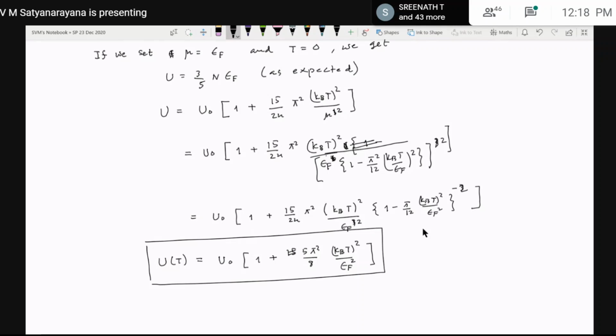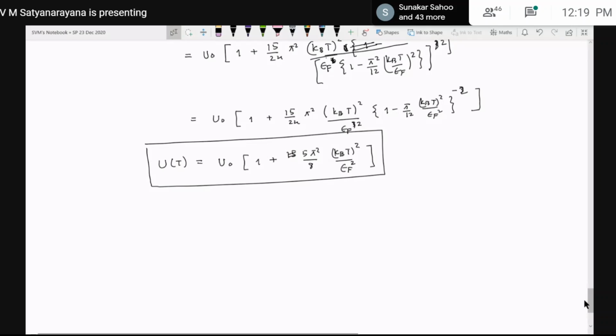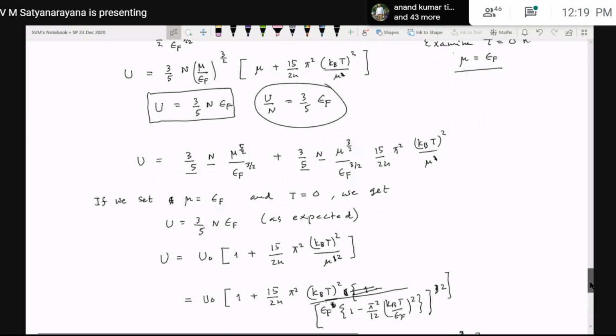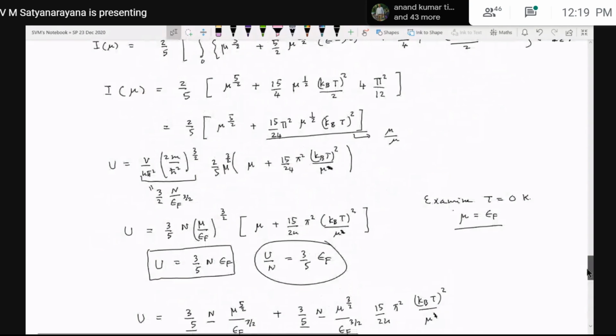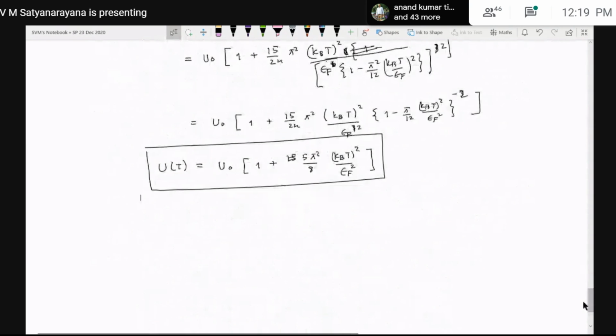As I told you, we had almost got this expression earlier, but only this factor I called at that time A, and that is given by this 5 pi square by 8. I hope I am right, but please check in some book if this factor is correct. If it is not correct, then we have made some mistake in calculation. It looks like it is correct.